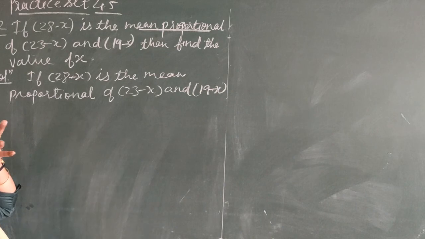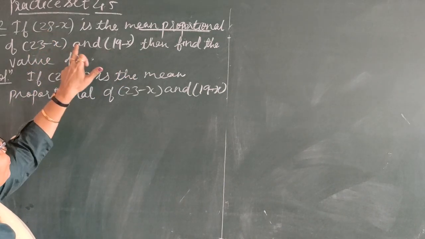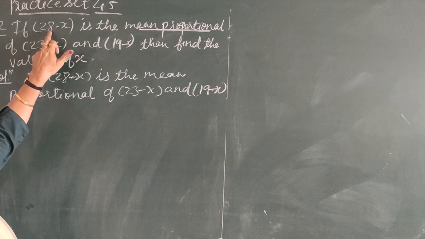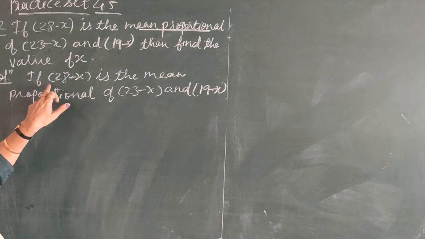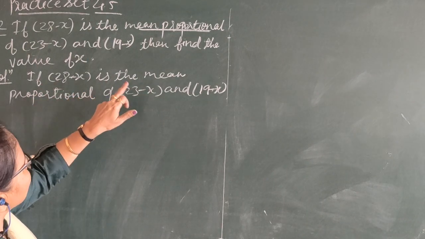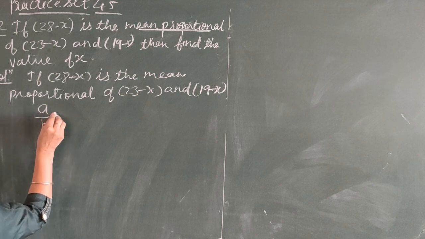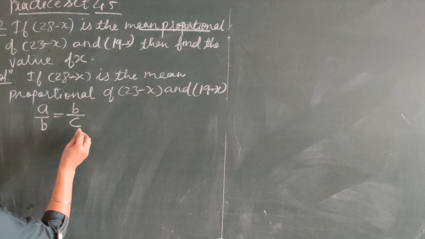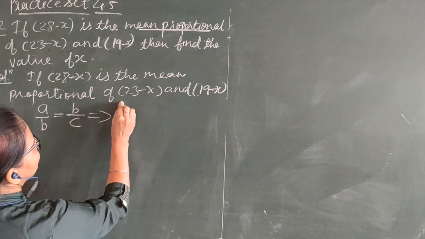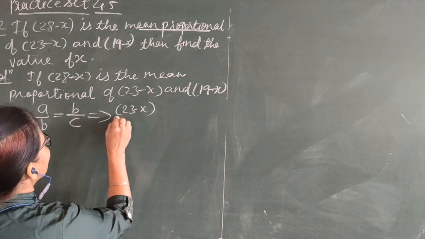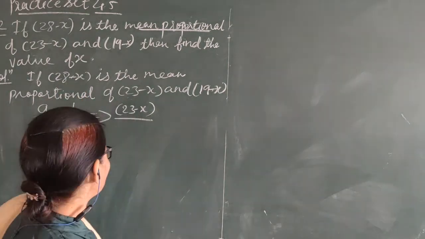So here this is your A, this is your B and this is your C, because 28 minus x is the mean proportional. Given that, if we have A by B is equal to B by C, it implies here your A is 23 minus x, and as 28 minus x is the mean proportional, it is your B.